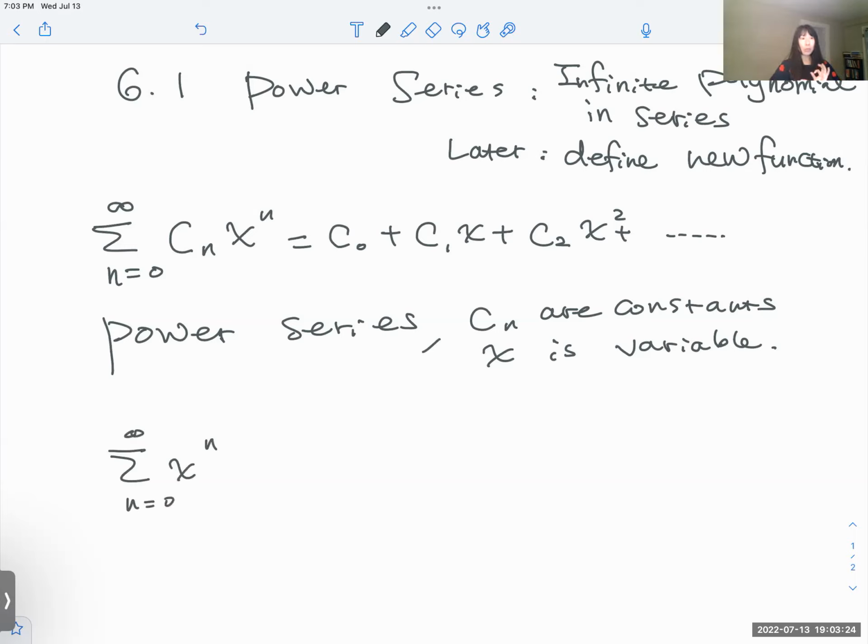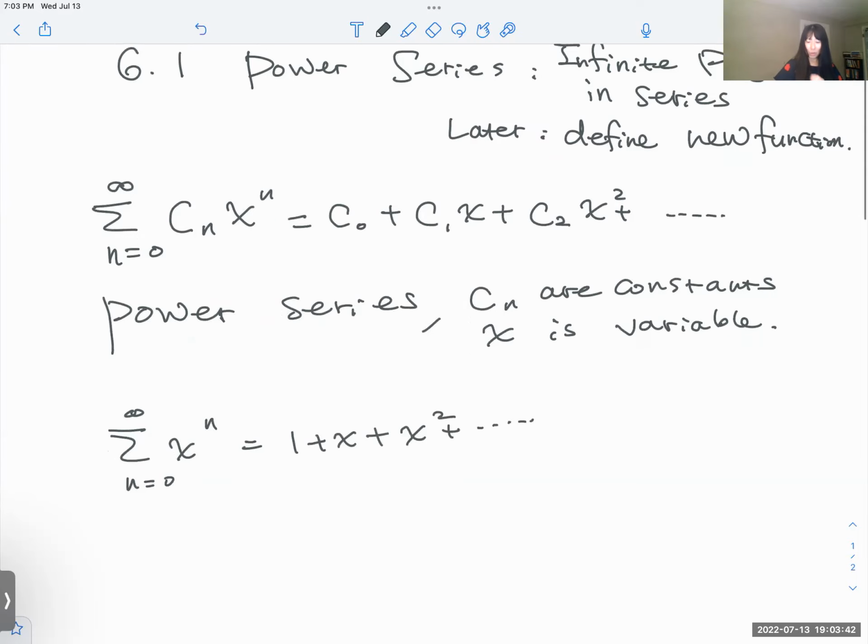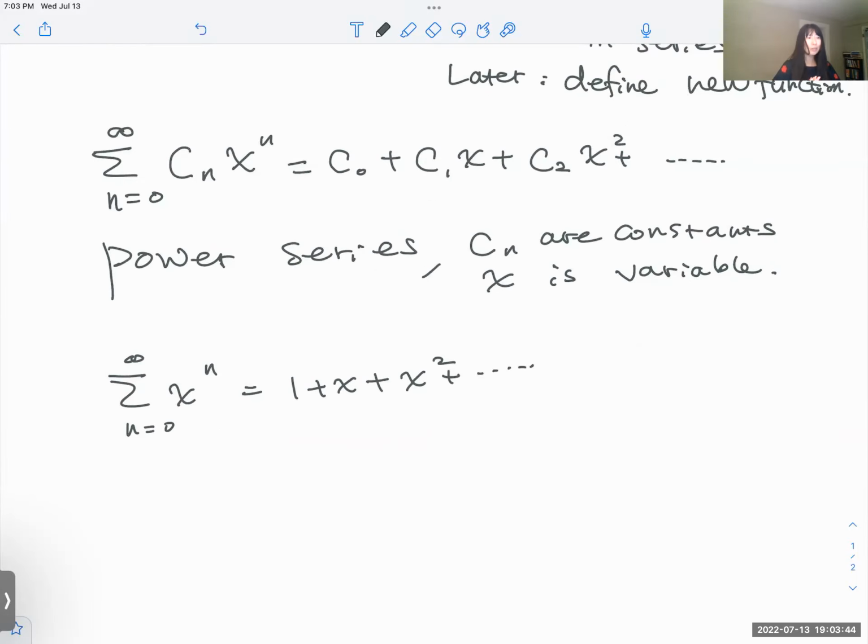When n equals 0, we get 1. When n equals 1, we get x. When n equals 2, we get x squared, and so on. All right, we'll talk about this later on.